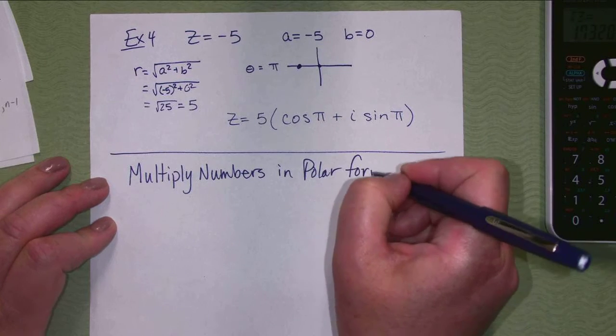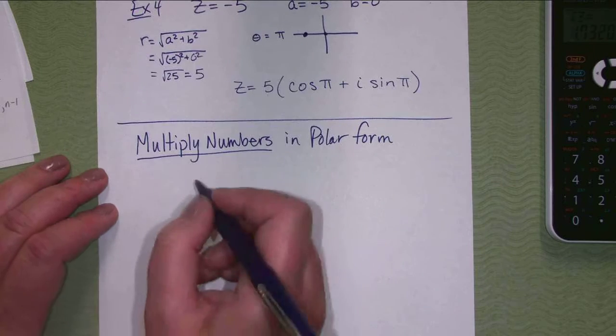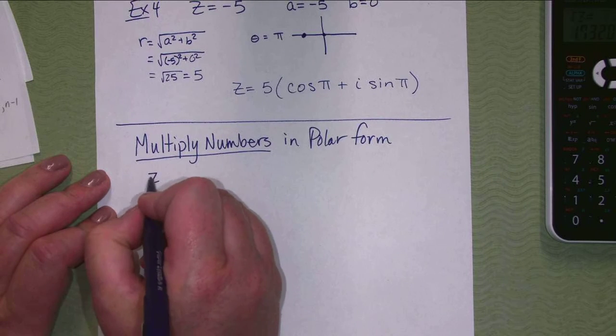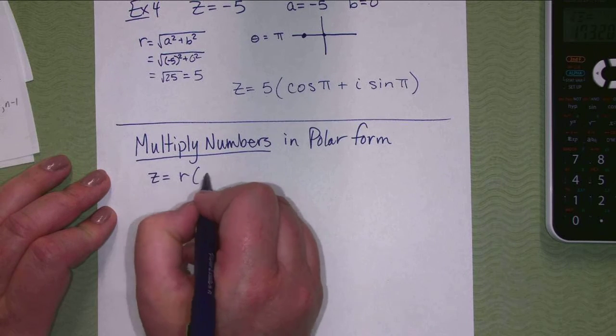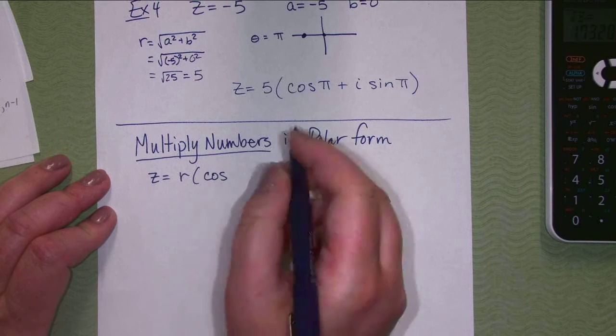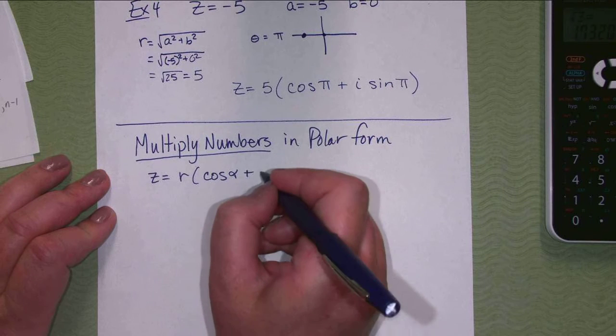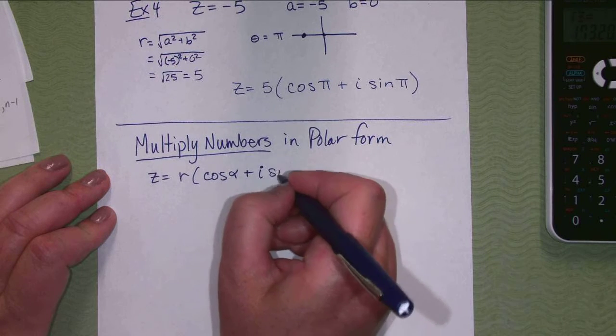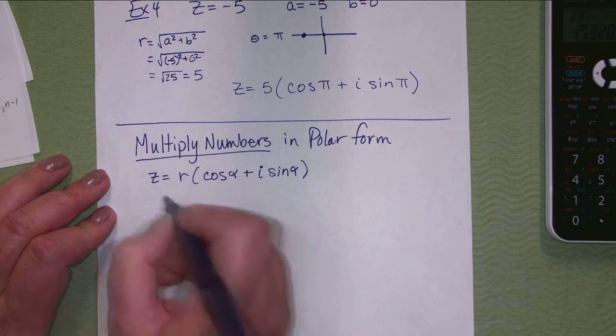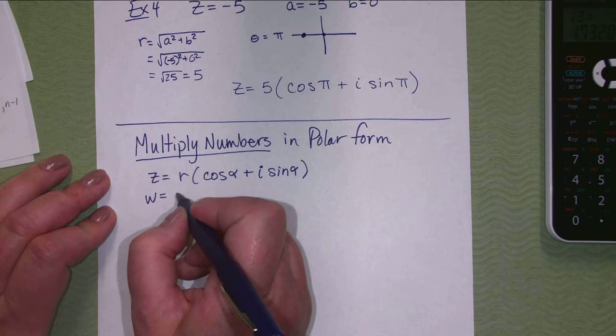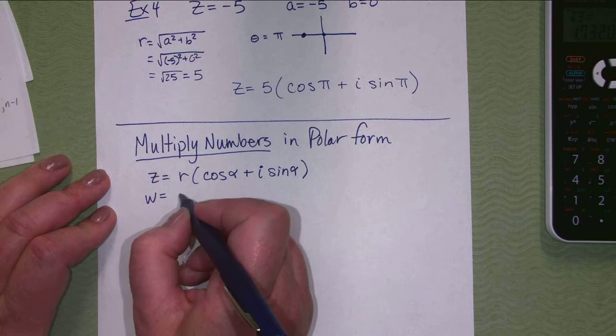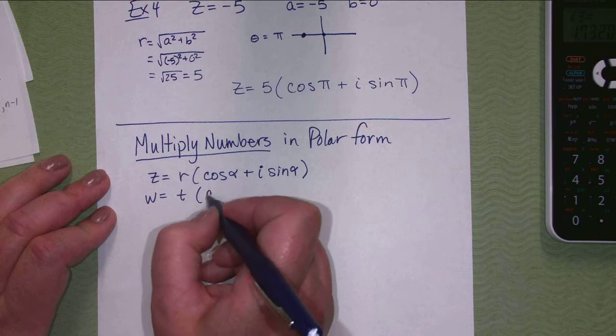If we have Z equal to R cos alpha plus i sine alpha, and a second complex number, instead of R, let's put T, cos beta plus i sine beta.